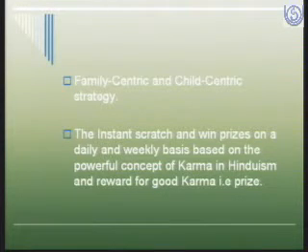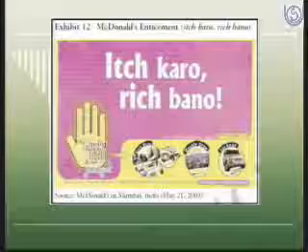Now, it's a kind of Indian ethos: you do the karma, but you don't know the output of the results. And McDonald's has nurtured that situation. The lotteries, if you see, are "rich karo, rich bano."